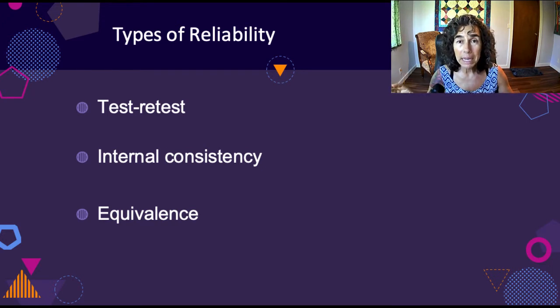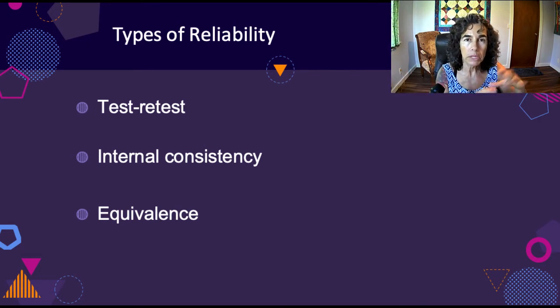And for group B, I give all the evens and then the odds, right? So I kind of mix up what's happening, but I keep the same items in the test, and I should get the same results. The order of items should not influence the reliability. And then equivalence is the third type, and it's agreement between two measurement events.